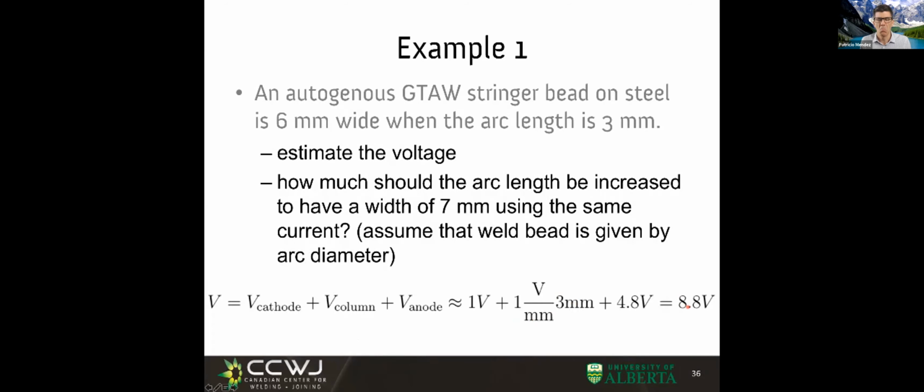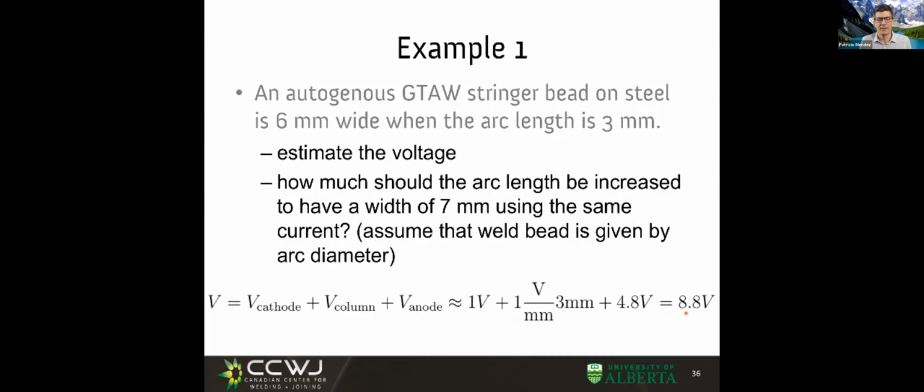And you know what? If you go and weld, I'm sure you will not measure exactly 8.8 volts, but what you measure is not going to be all too different. And this is what is amazing here. These numbers I've been tweaking over the years as I find more and more information. Perfect?